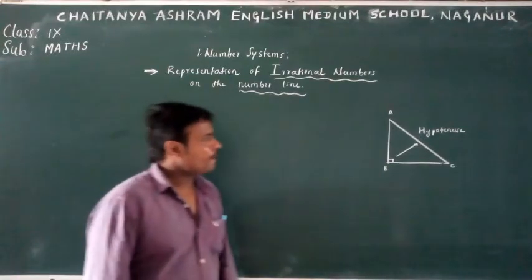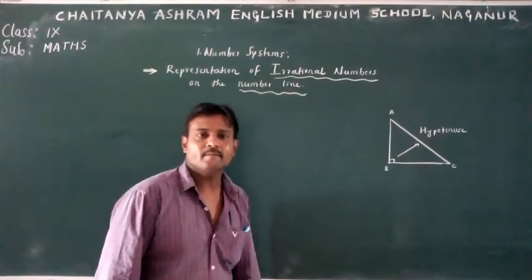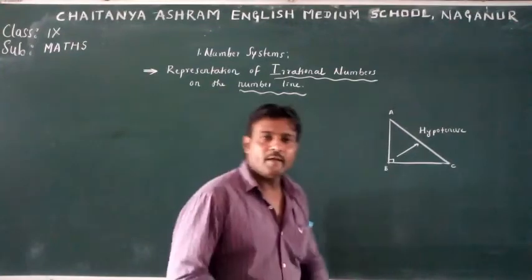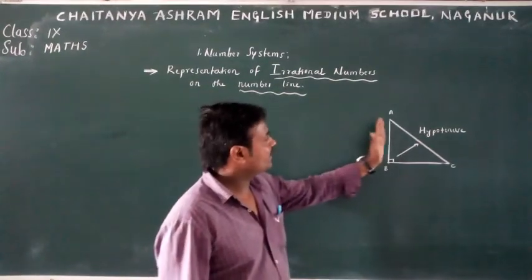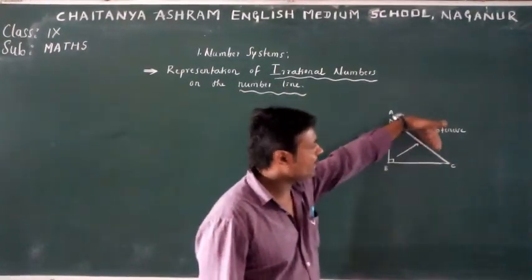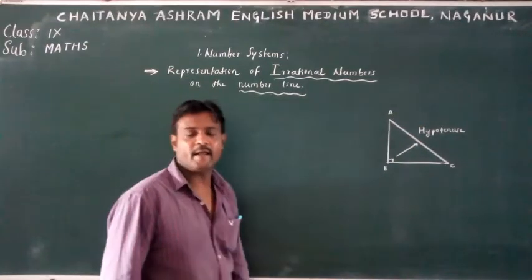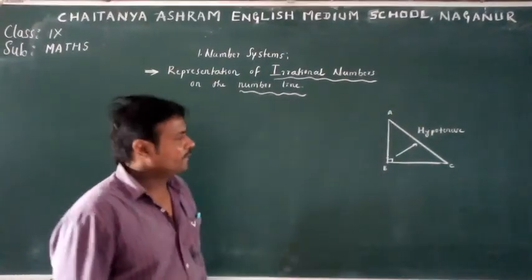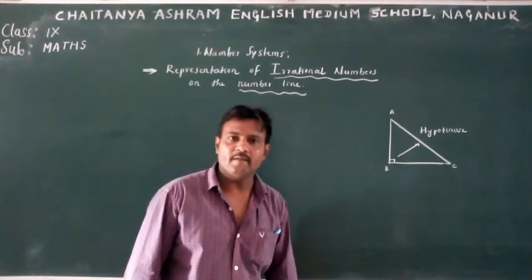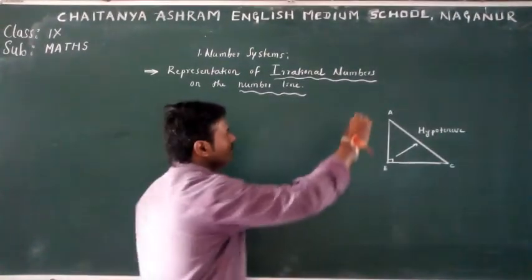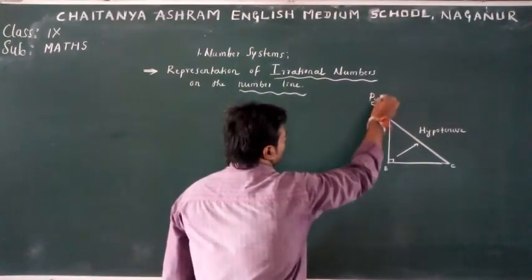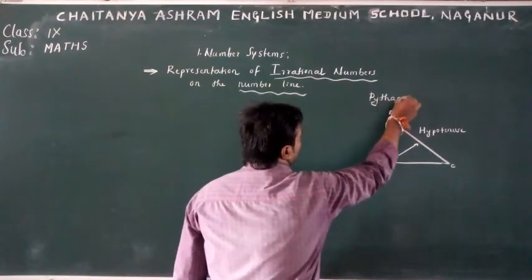And a famous mathematician found a relationship between the three sides of a right angled triangle. The name of that famous mathematician was Pythagoras.